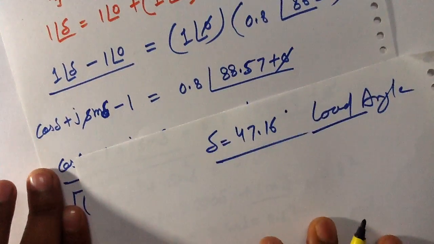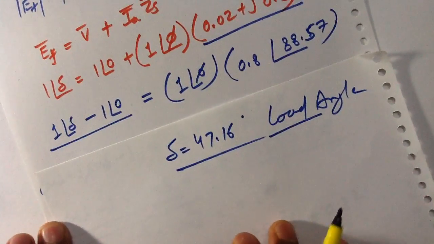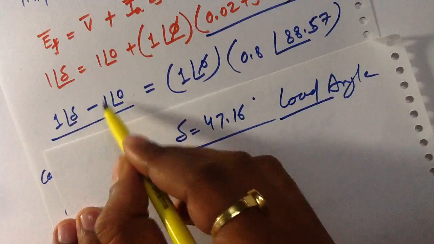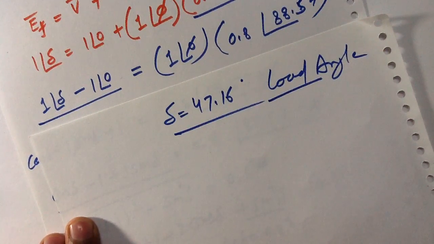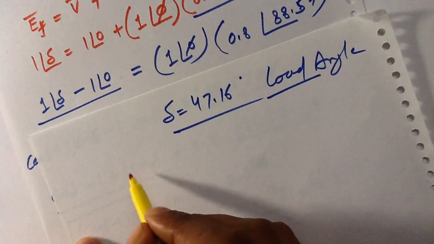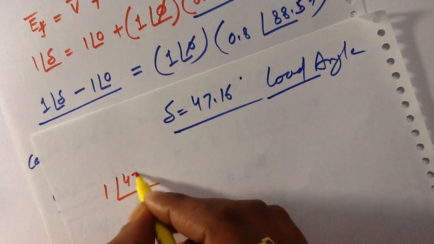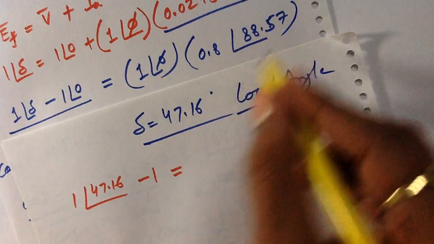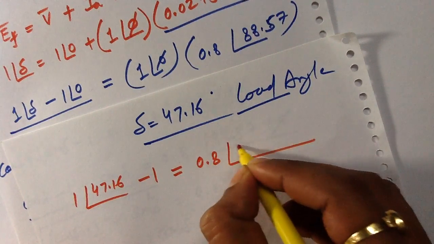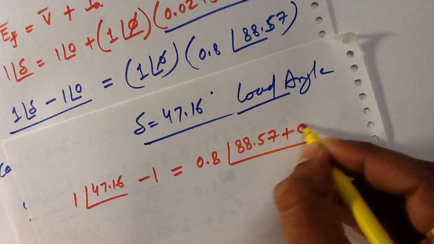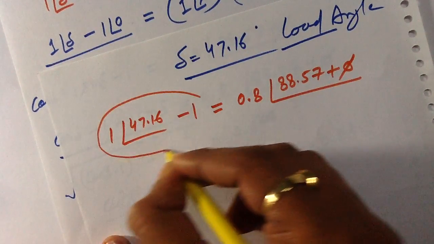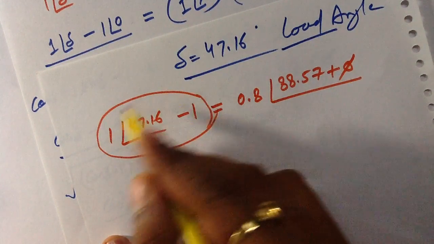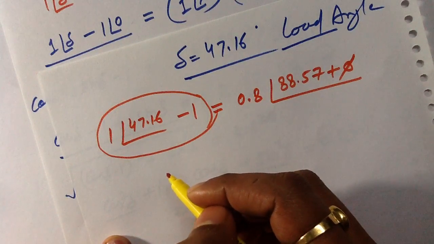Put the value of delta here, so this equation will become 1 angle 47.16 minus 1 equals, if you calculate the right hand side part, 0.8 angle 88.57 plus 5.